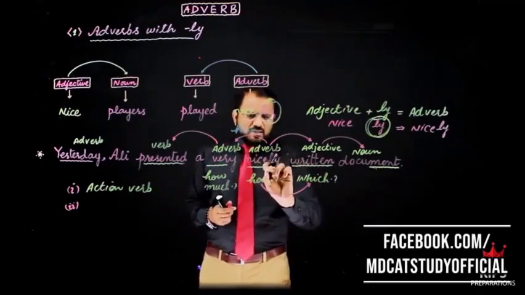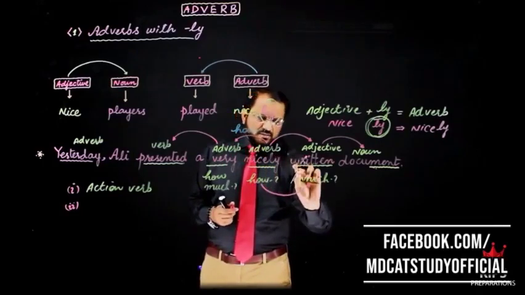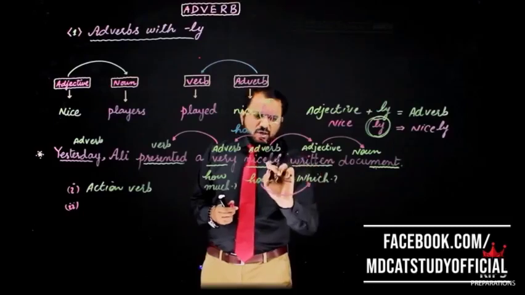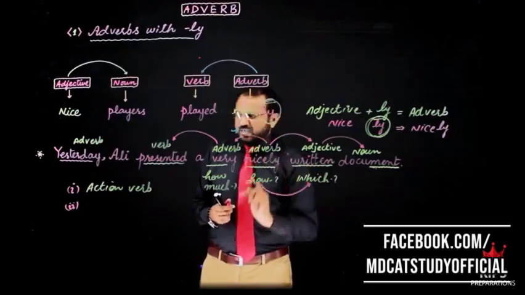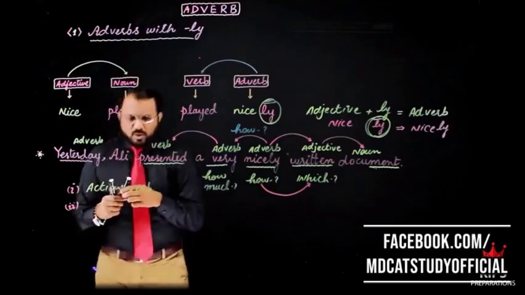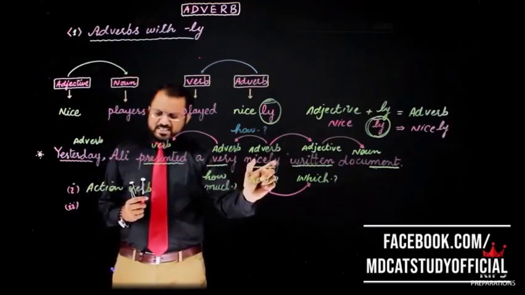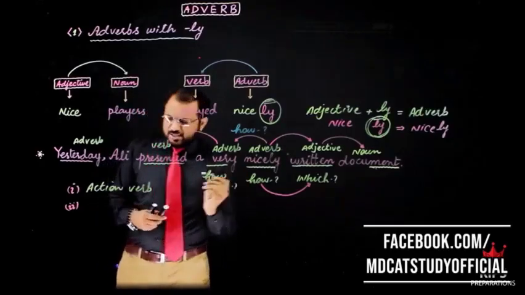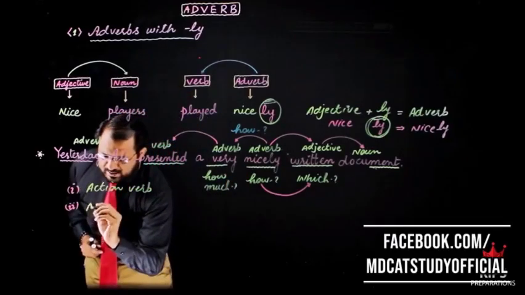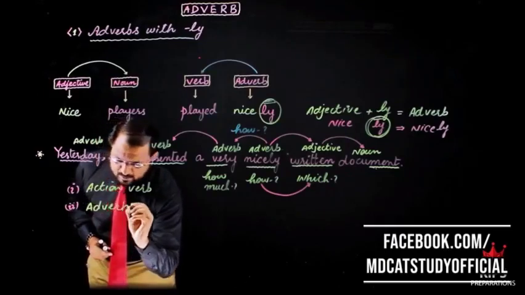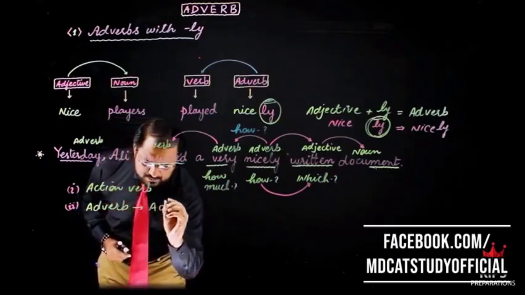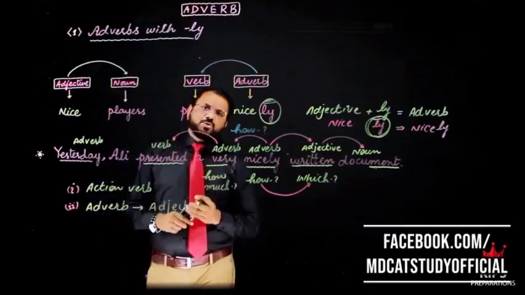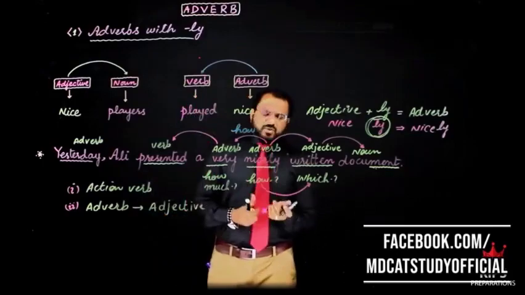For example, comprehensively won, nicely written, cleverly devised. All of these end at ly. Number one, we use ly with an adjective after action verbs usually. And the second thing is when an adverb is adding more meaning to an adjective. All right, these are the two conditions where we use an ly with an adjective.